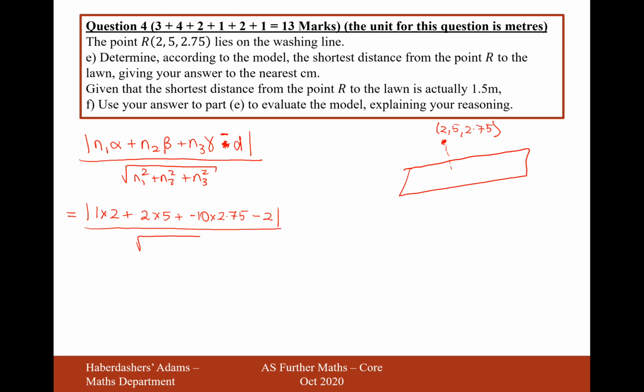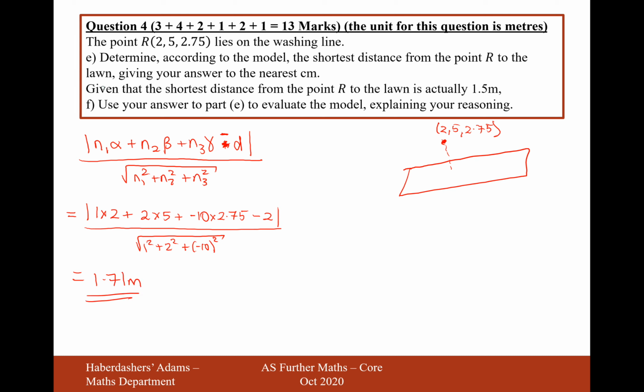Divide that by the square root of 1 squared plus 2 squared plus minus 10 squared, and you can type that all into your calculator and get 1.71 meters. So there we are, that's the answer for part E.